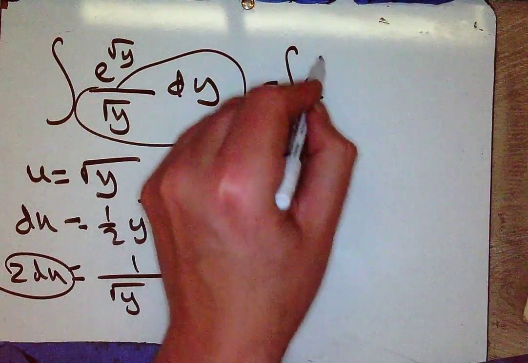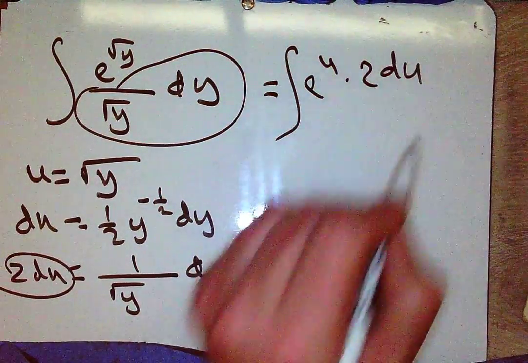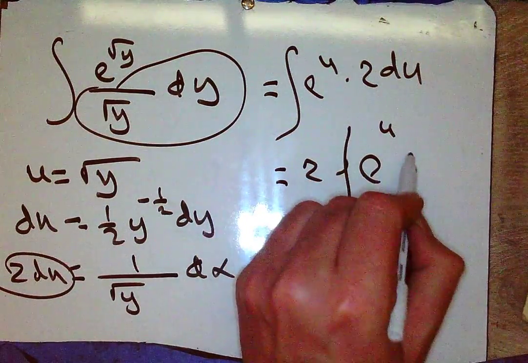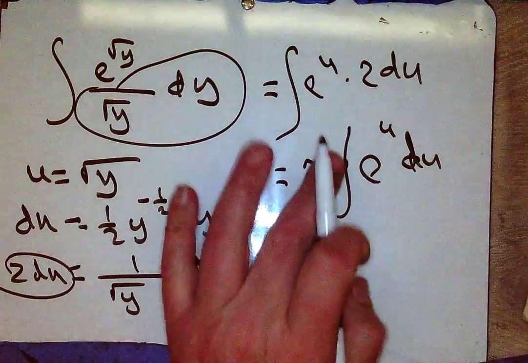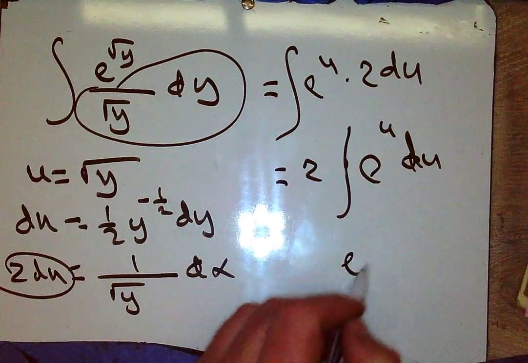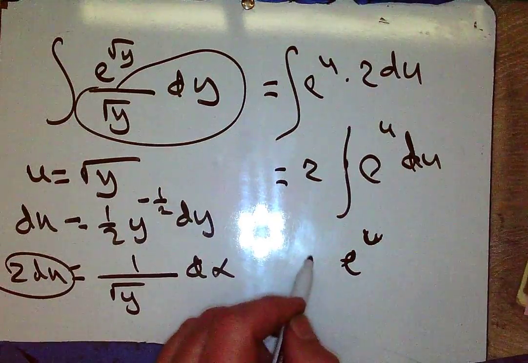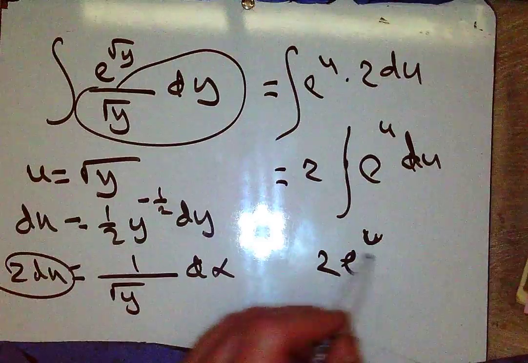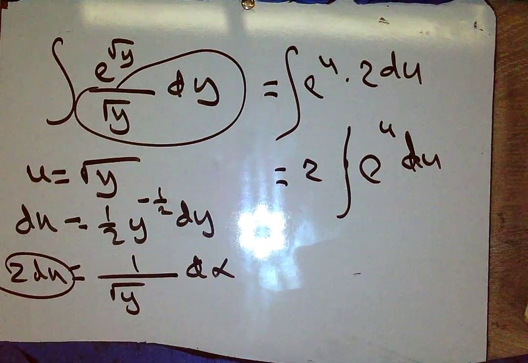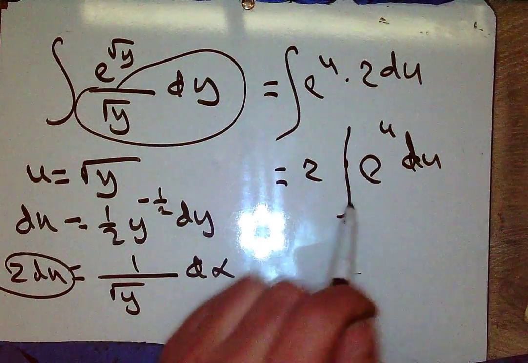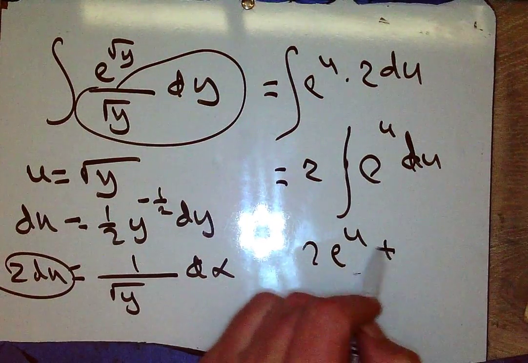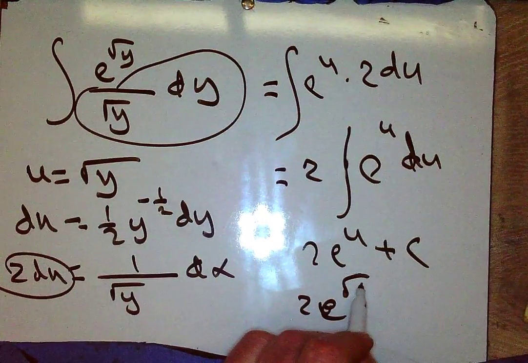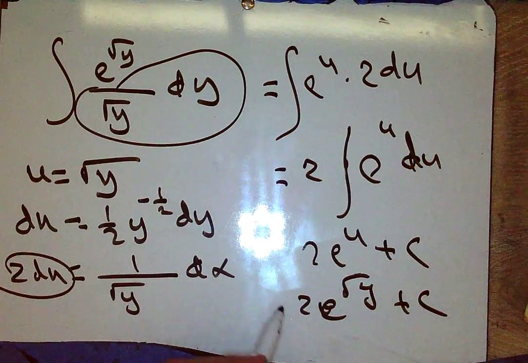So this is going to be e to the u, 2 du, or 2 e to the u du. So the antiderivative of e to the u is e to the u. E to the u, 2, and our u was square root. So 2 e to the square root of x plus c.